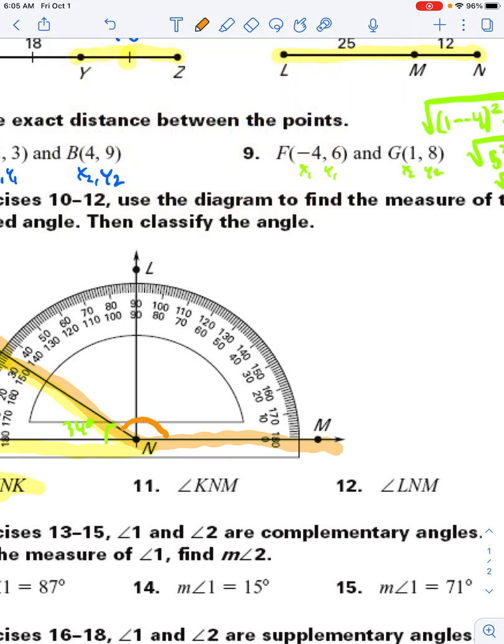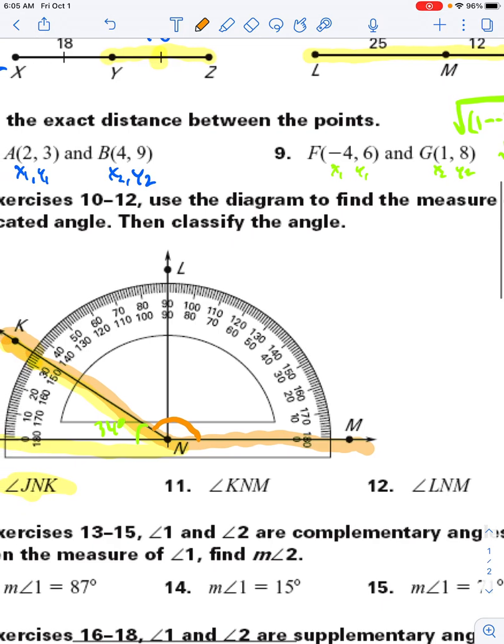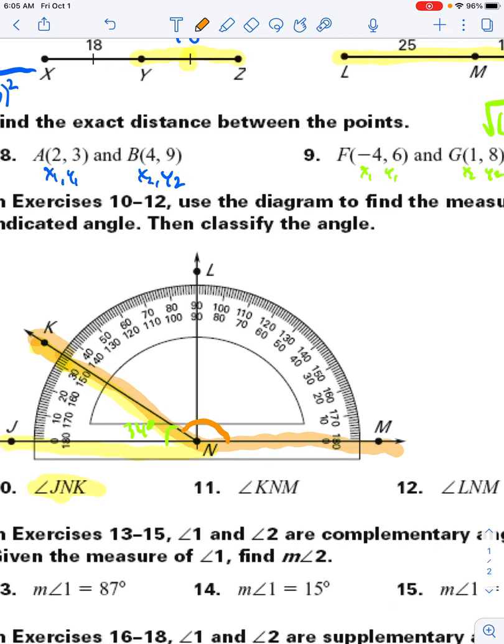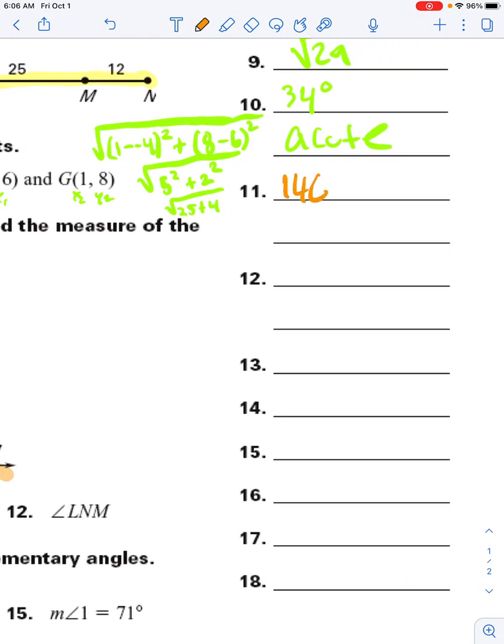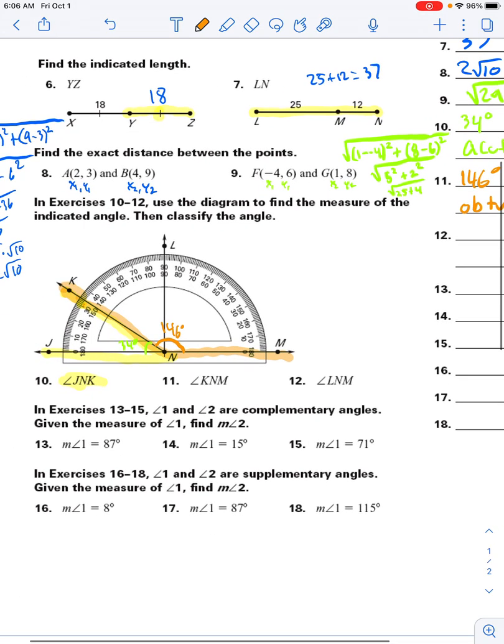So I am going to say, all right, well, from here to here, 0, 10, 20, 30, 40, 90, okay, all the way. Again, I'm going to call that, we said that was 1, 2, 3, that was 34. So this is going to be 146 degrees. 146 degrees is an obtuse angle.